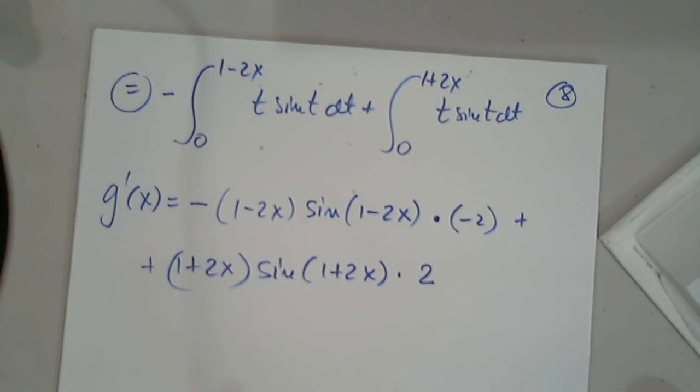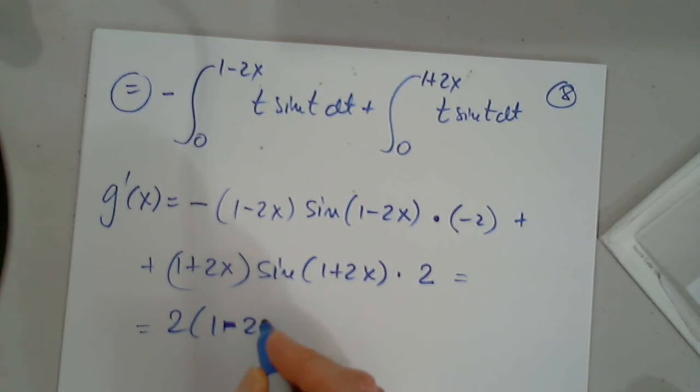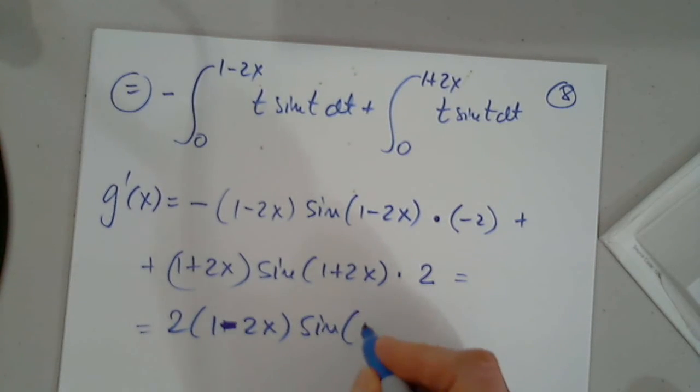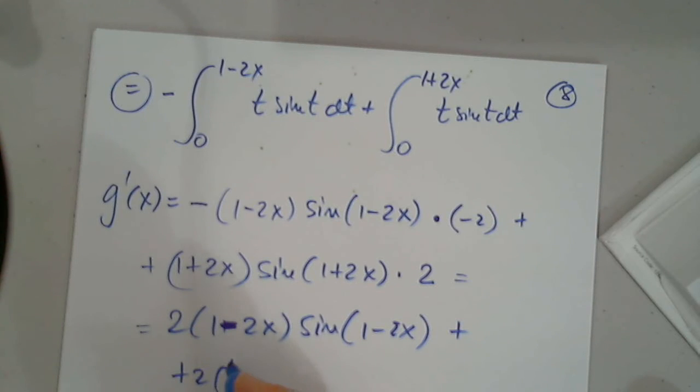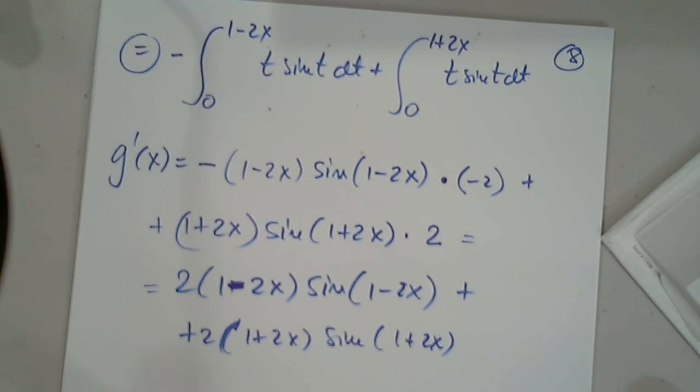I can rearrange it a little: negative 2 times 1 minus 2x sine 1 minus 2x, plus 2 times 1 plus 2x sine 1 plus 2x. Well done.